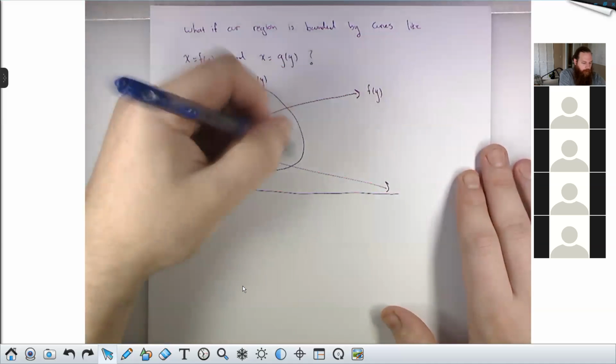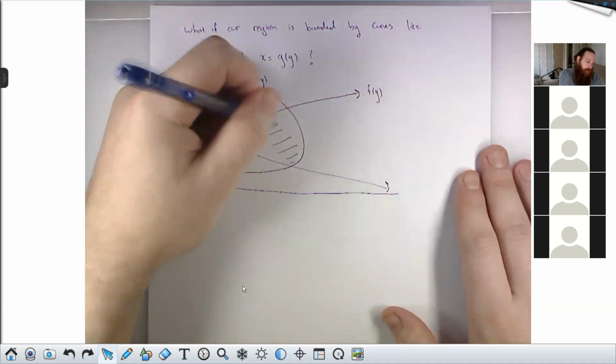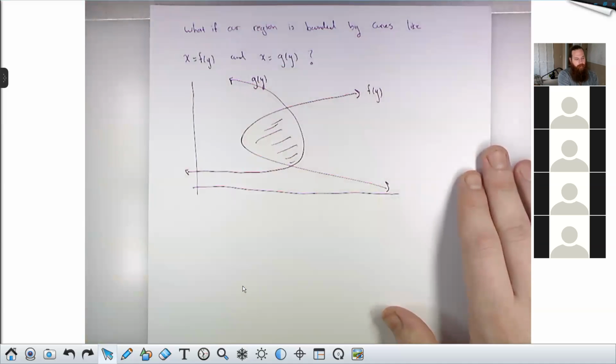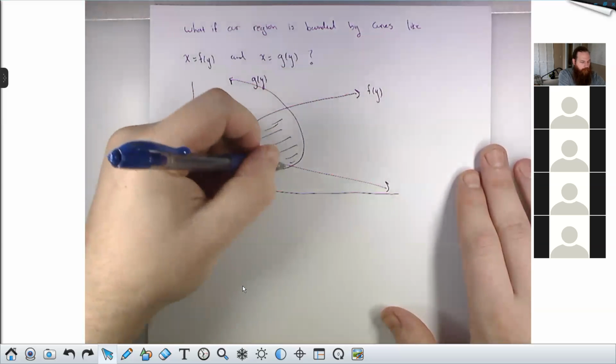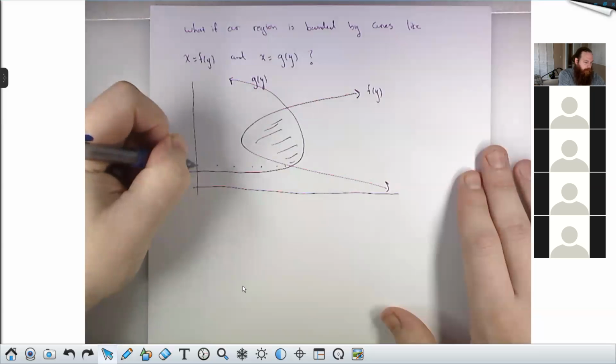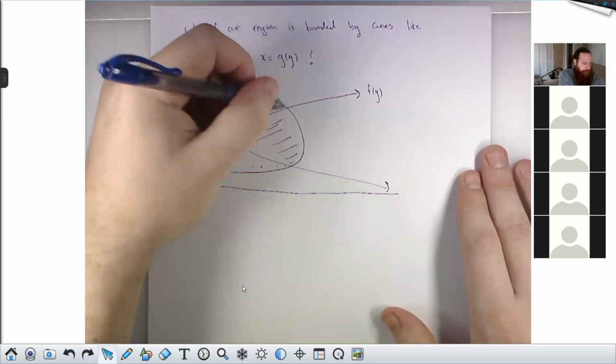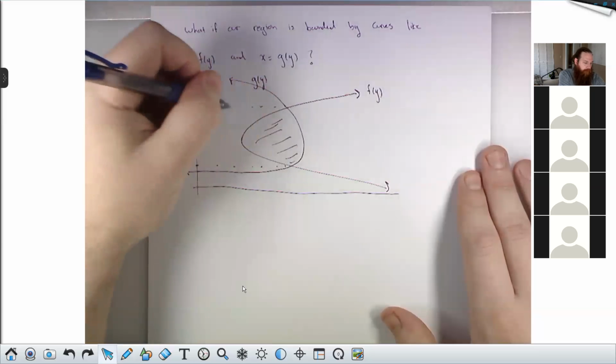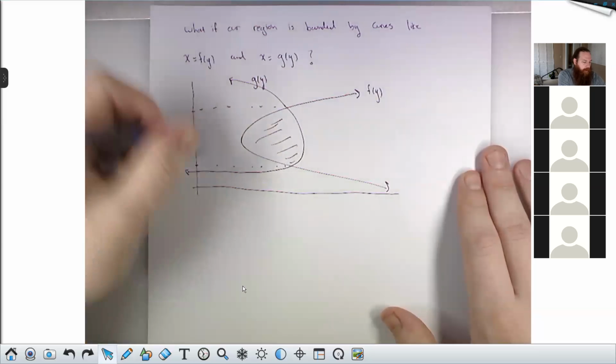And so the area I want is like this region. To do this, you need to find your bounds as y values and set up the integral dy.